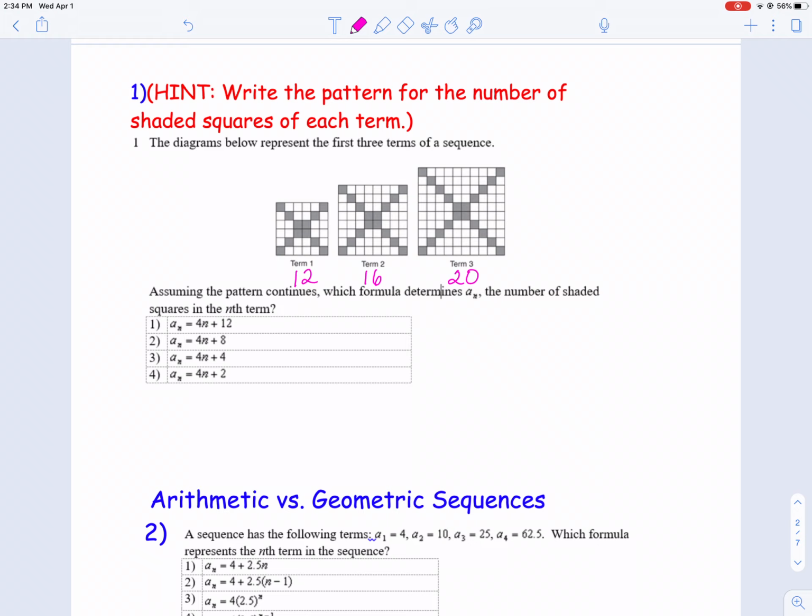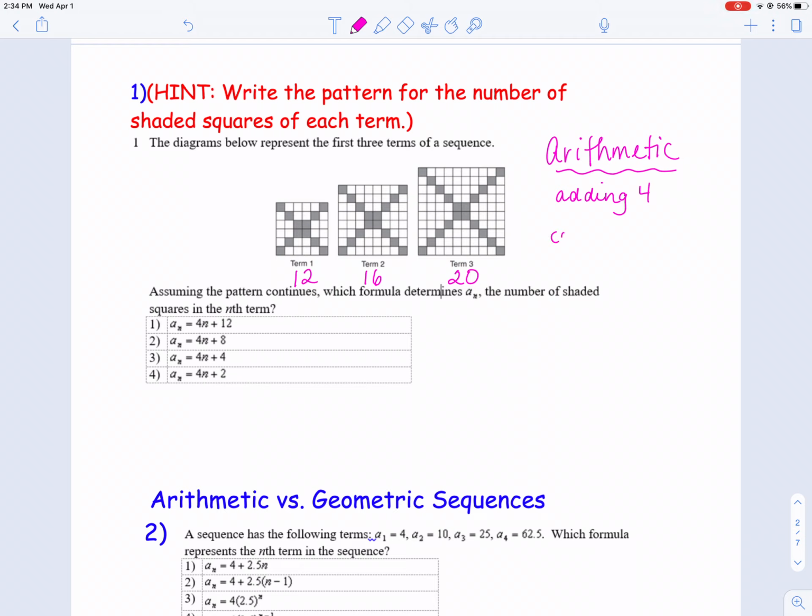So you may recognize these words, arithmetic versus geometric, from Algebra 1. This happens to be an arithmetic sequence, okay? And most of you are going to remember it's arithmetic because you are adding, okay? Adding 4 to get to the next term.